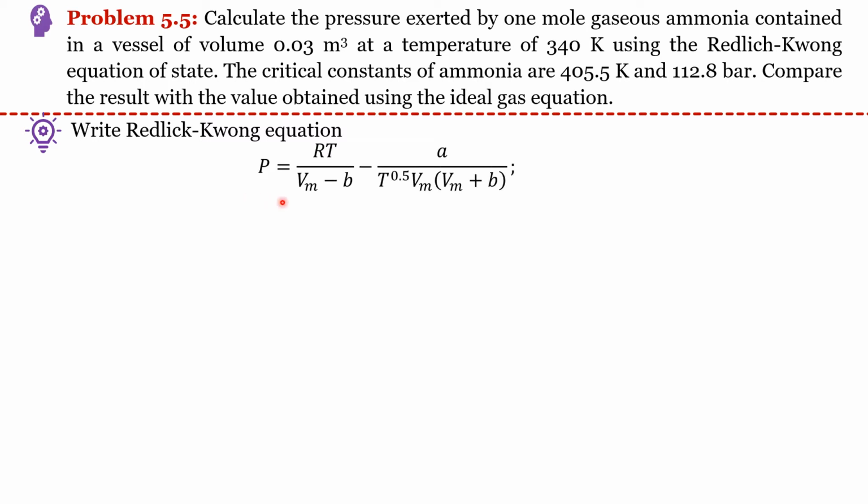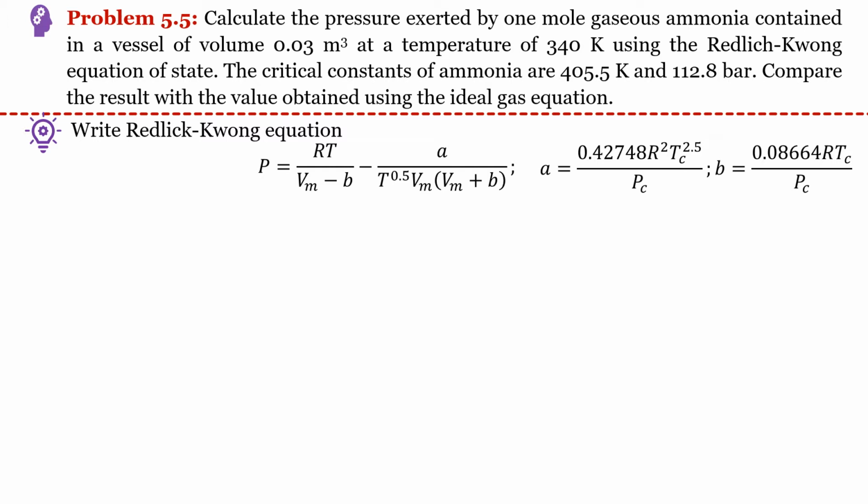As per the Redlich-Kwong equation, pressure is expressed as P equal to RT divided by Vm minus B, minus A divided by T raised to power 0.5 into Vm into Vm plus B, and further the values of A and B are expressed in terms of critical temperature and pressure.